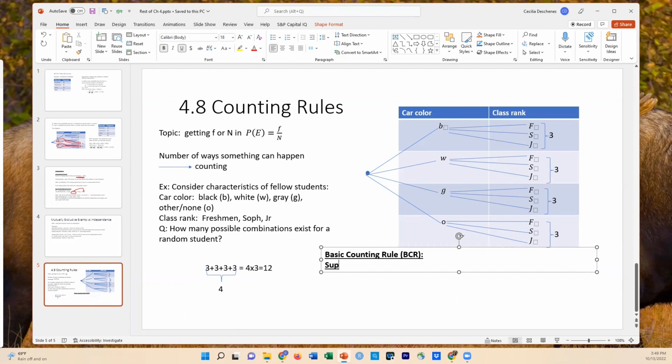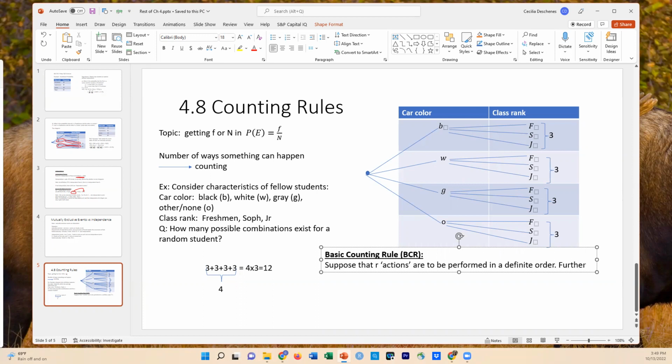It says, suppose that R actions are to be performed in a definite order.